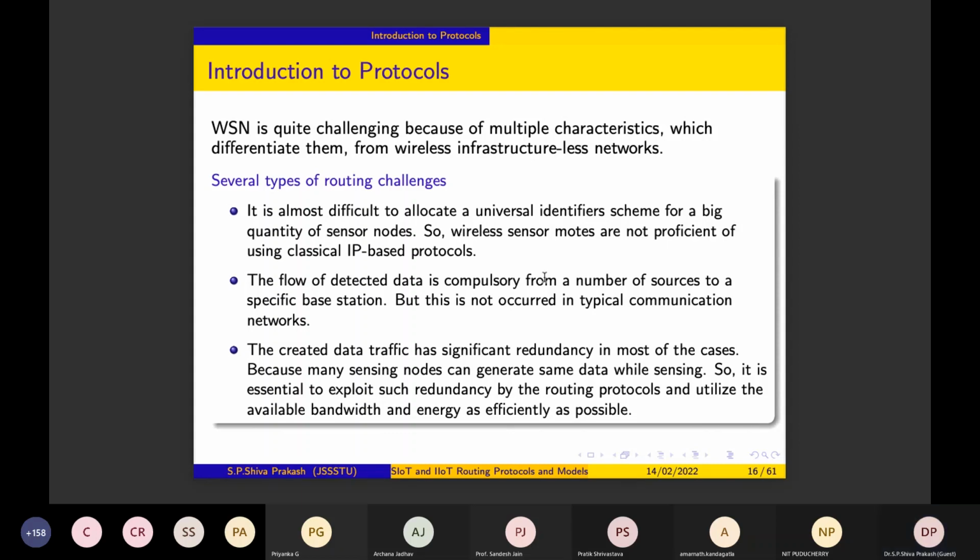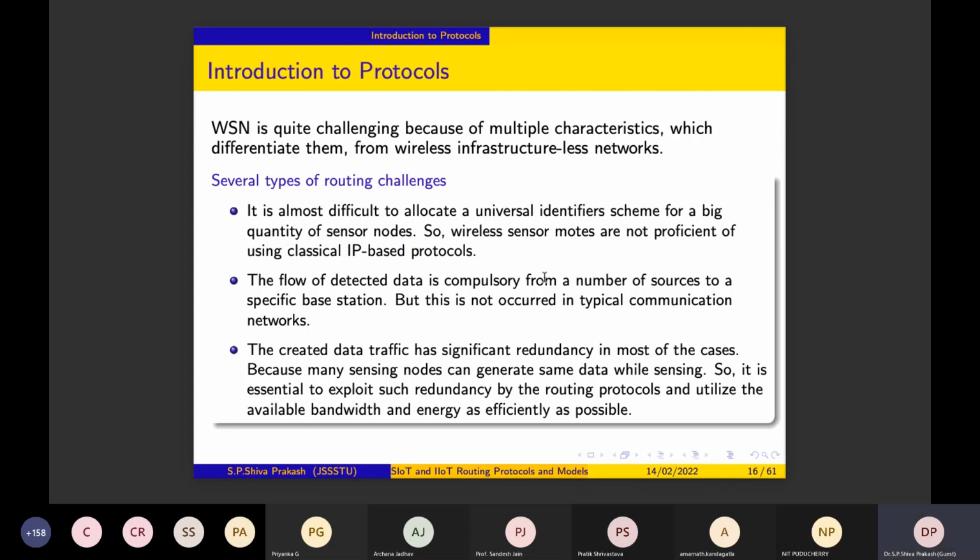It's almost difficult to allocate a universal identifier scheme for a big quantity of sensor nodes. So wireless sensor nodes are not proficient using classical IP-based protocols. Also, the flow of detected data is compulsory from a number of sources to a specific base station, but this does not occur in a typical communication network.